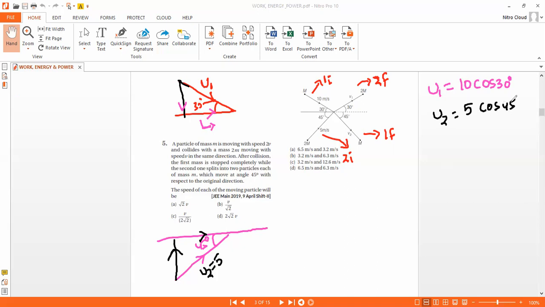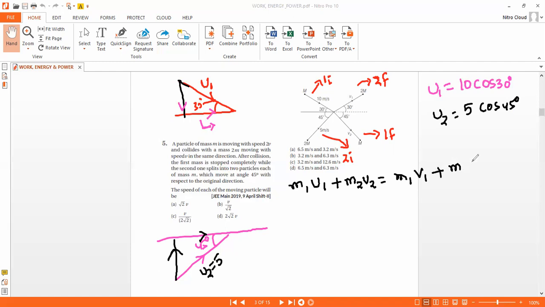And observe carefully, before collision, both the particles are moving parallel to the x-axis. So I can write m1 u1 plus m2 u2 is equal to, since it is an elastic collision, momentum will be conserved.